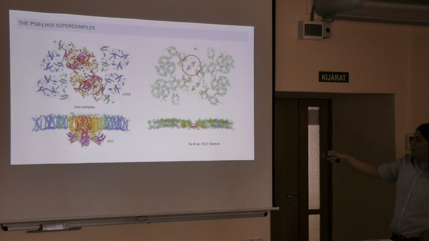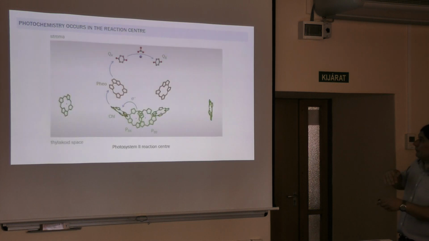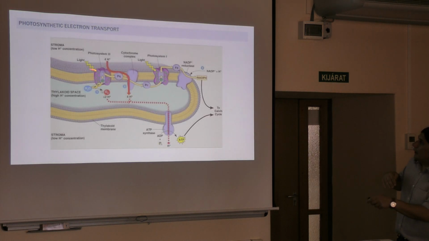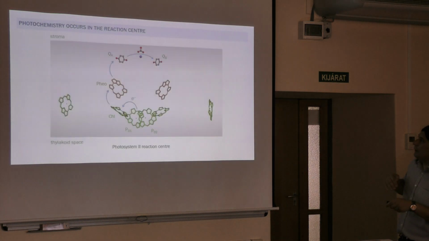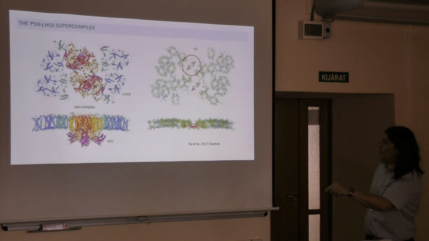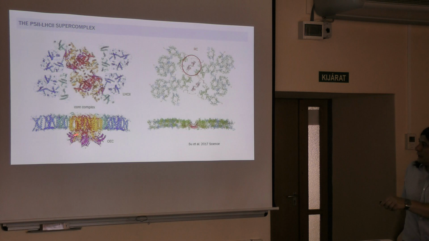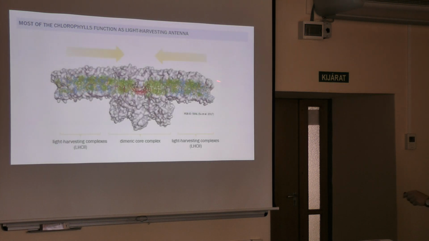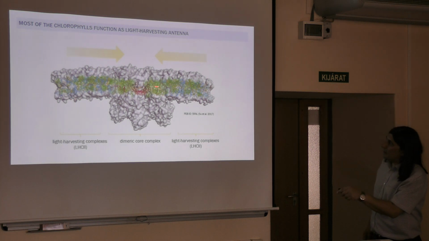This is when we look from the top. This complex lies in the membrane here, right? And when we look from the top, it looks like that. When we look from the membrane side, it looks like that. Here is the oxygen evolving complex, which splits water, and the electrons go on the other side of the membrane. And this is the entire surface of the complex, and here are the chlorophylls.